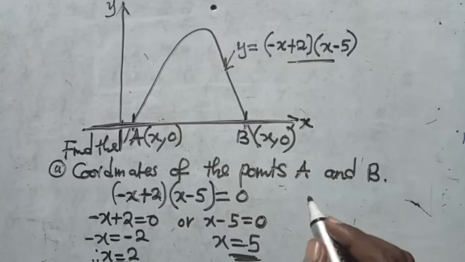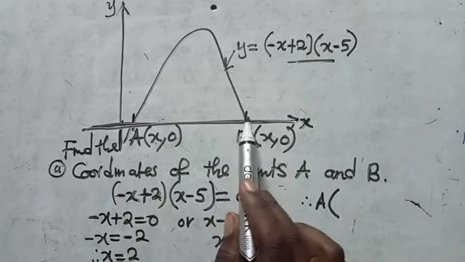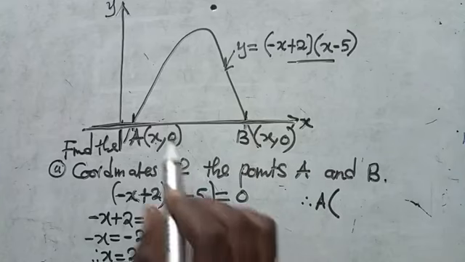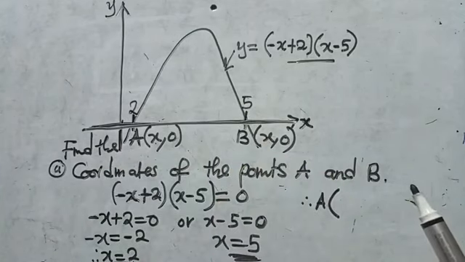This tells us the coordinates for A. A, I've got 2 and 5. Can I say 5 is there and 2 there? No. 2 should be there and 5 is supposed to be there.